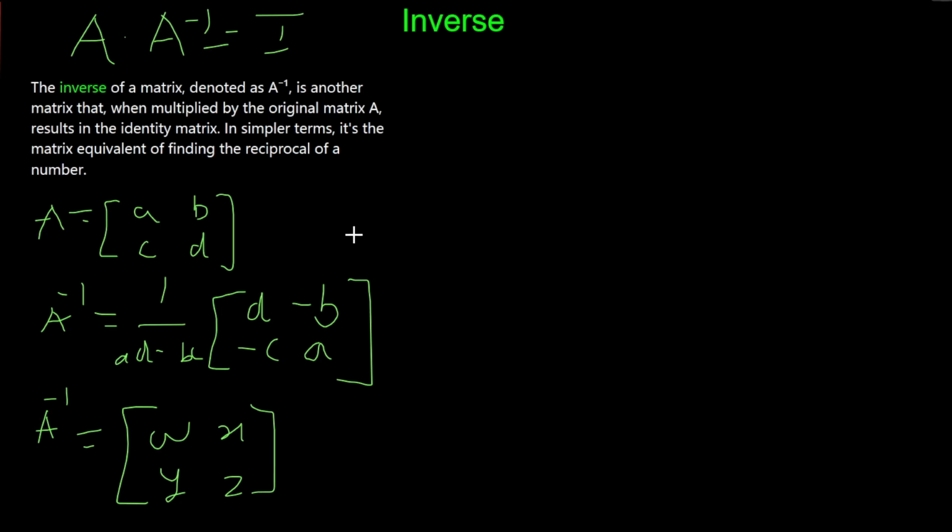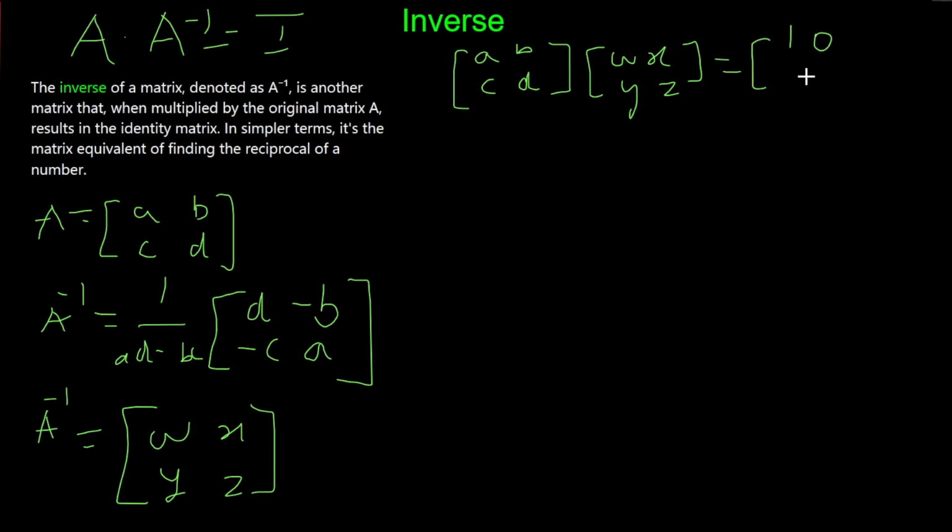So if we multiply these two, we will get A, B, C, D and W, X, Y, Z, which is equal to the identity matrix defined by the equation.